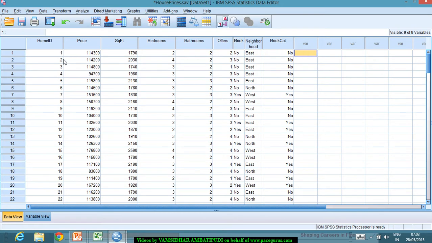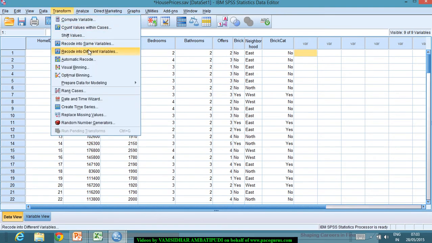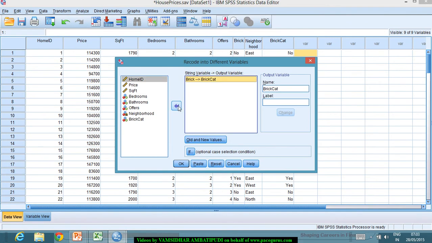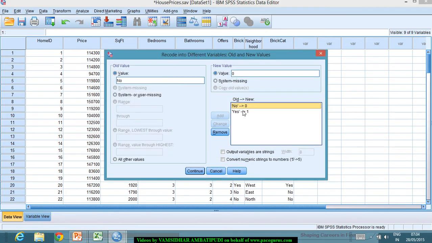The same thing I can do with the neighborhood. I see that there are only 3 different neighborhoods, east, west and north. So I'll create one more, this time with neighborhood, and I'll call it neighborhood category. Again I do a similar kind of work on the neighborhood as well.